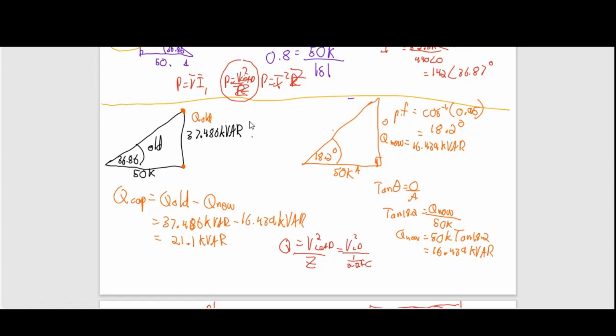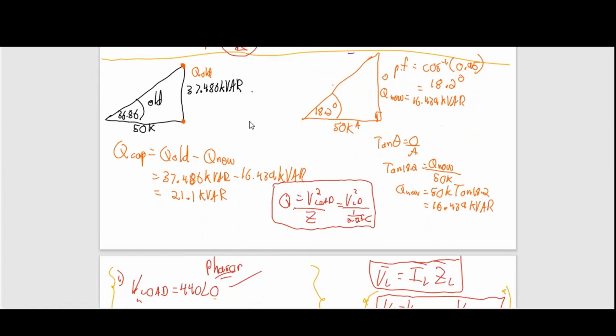Yeah, this here is with reference to the capacitor. So this is basically the equation you can use. Q is equal to V squared load on Z, and the Z for the capacitor is 1 on 2 pi F C, or omega C. Omega is just 2 pi F. Right? And this equation is transposed for C, because C is what you want.